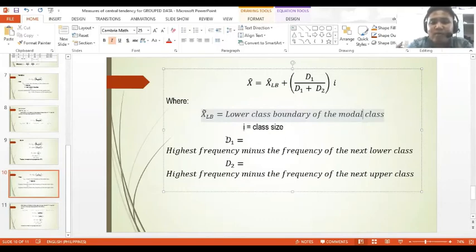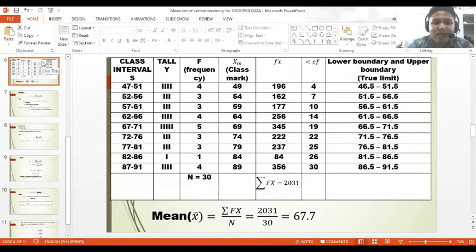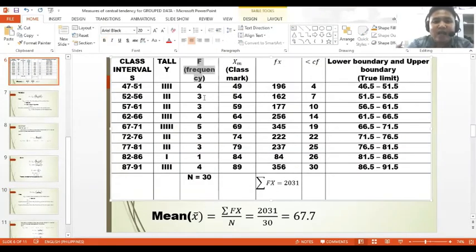Ang D sub 1, makukuha lang yun, highest frequency minus the frequency of the next lower class. Ang D sub 2 naman is makukuha lang yan siya sa highest frequency minus the frequency of the next upper class. Ngayon, i-determine muna natin, balik tayo doon sa table, saan dito sa frequency ang mas marami or mas mataas.